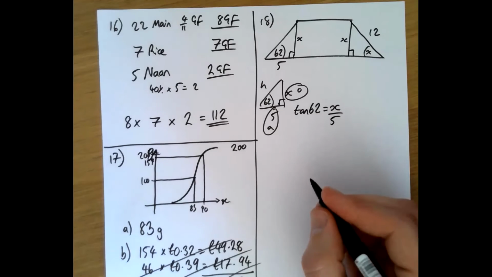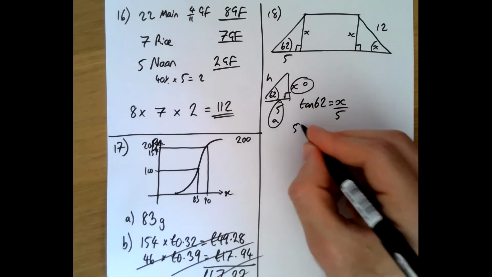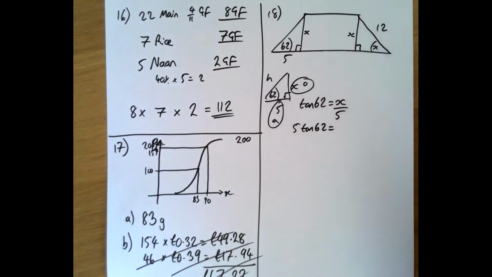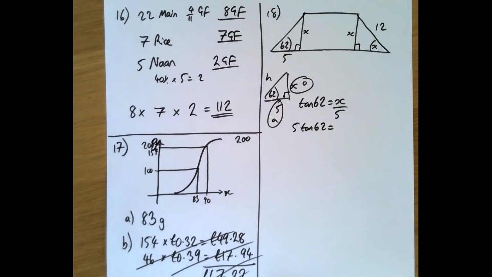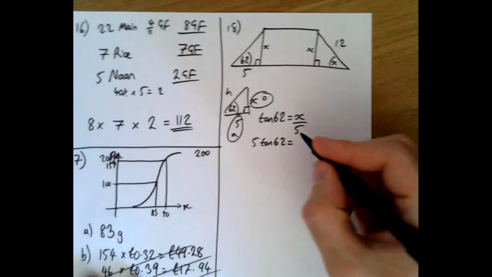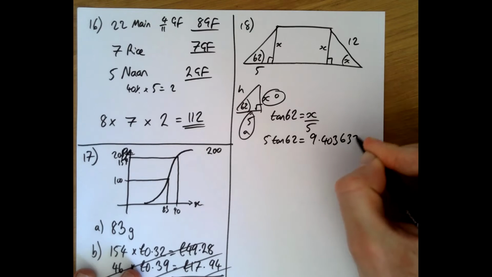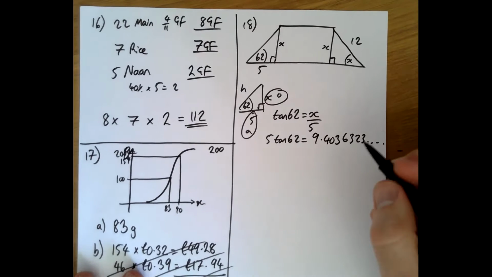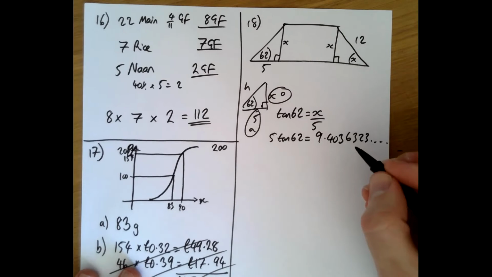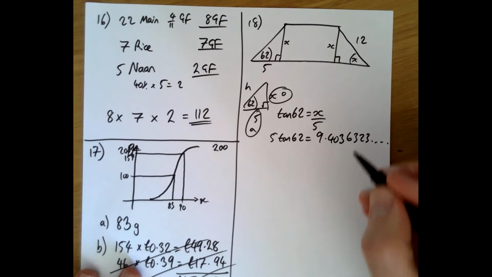Multiply both sides by 5 and I get 5 tan 62. I get an answer of 9.4036323 and so on. It's important I keep that whole number because it's not my final answer.